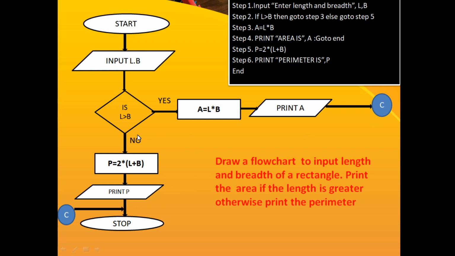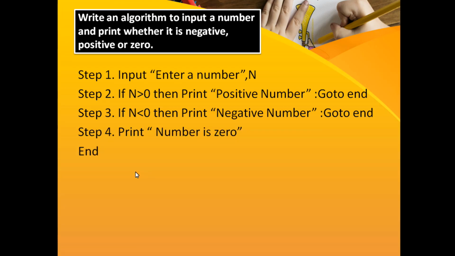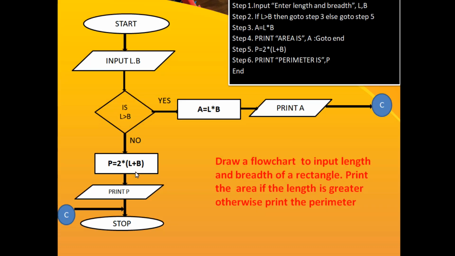All right. And if the condition is false, again you have to calculate the perimeter and you have to print the perimeter. You're going to execute these statements only when the other statements are not executed, and vice versa.